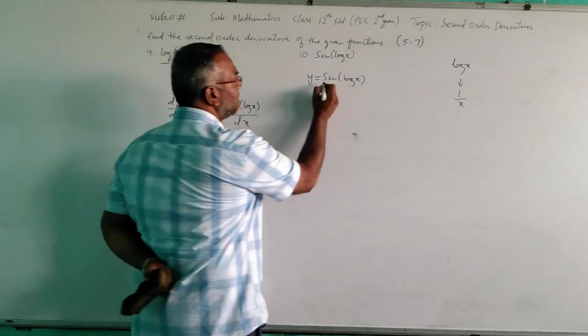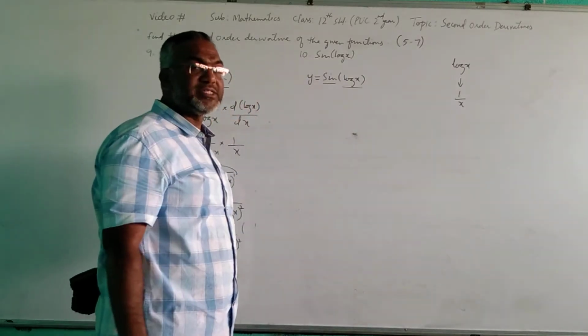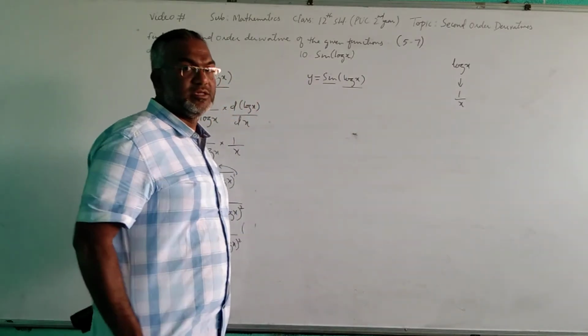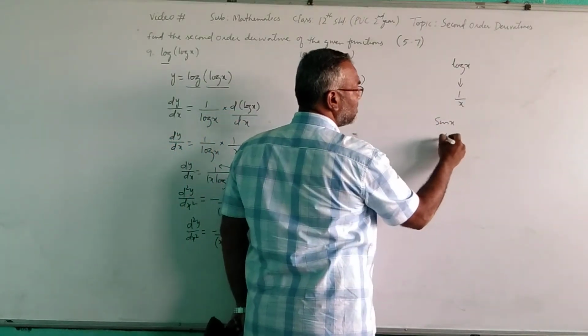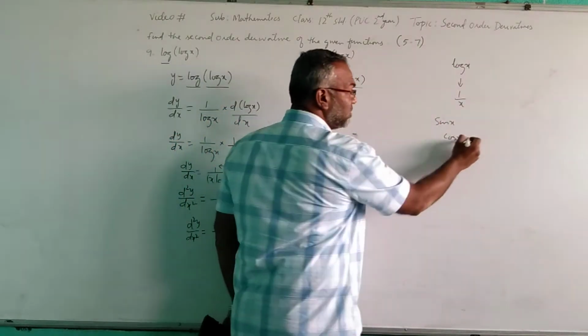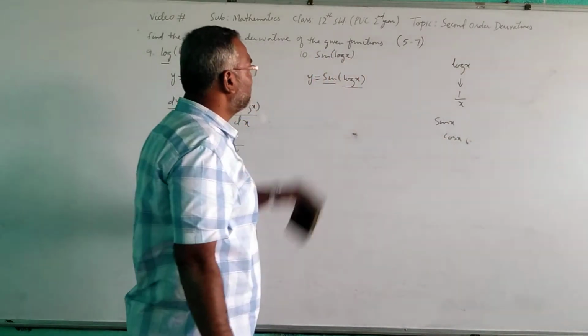This is same as sine x, but in place of x we have log x. So in case of sine x, what do we do? Differentiation of sine x is cos x into differentiation of x also, that will be 1, so no need to do. But here we have to differentiate.